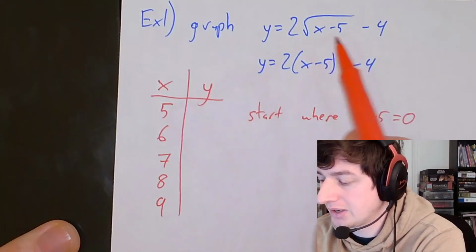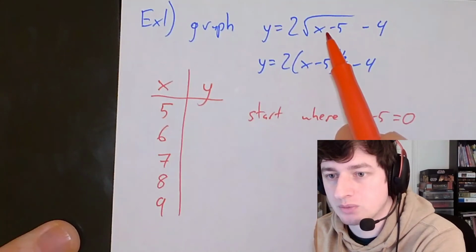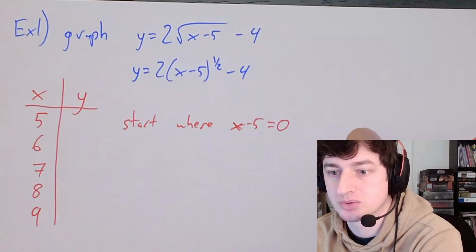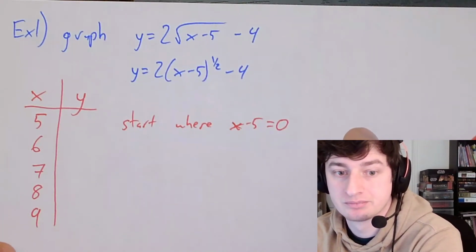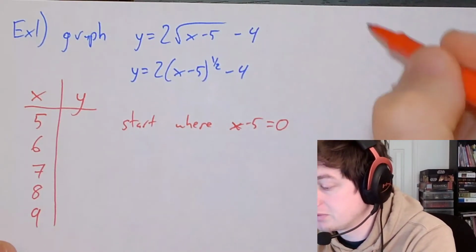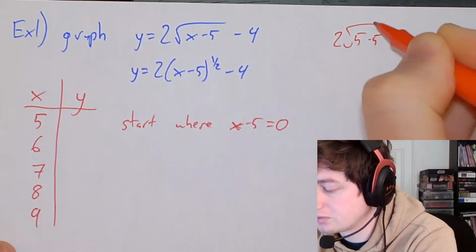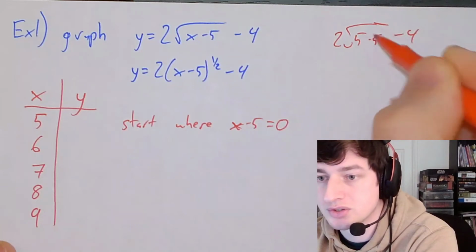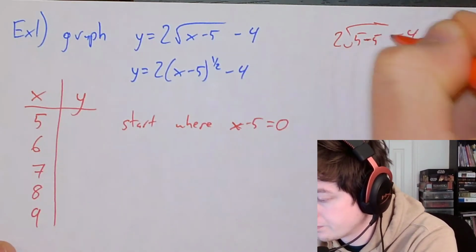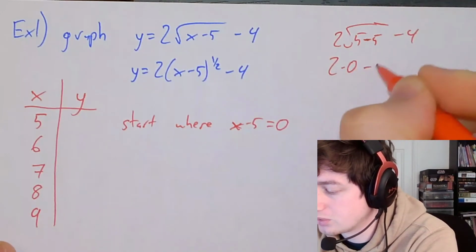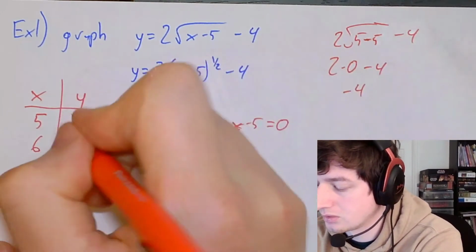So we plug in 5. I'm going to do a bunch of scratch work over here because I'm going to do these by hand. So 5 minus 5 is 0. So 2 square root of 5 minus 5 minus 4 turns into 0, so 2 times 0 minus 4 gives us negative 4.